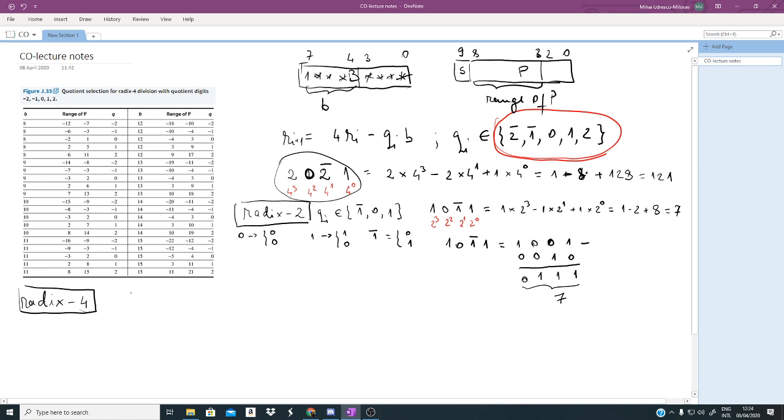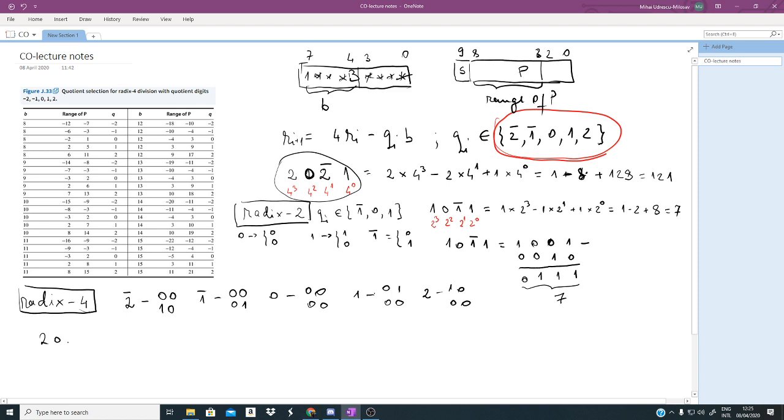We have this encoding. For minus 2, we have 0 0 upstairs, 1 0 downstairs. For minus 1, we have 0 0 upstairs, 0 1 downstairs. For 0, we have 0 0 upstairs and 0 0 downstairs. For 1, we have 0 1 upstairs, 0 0 downstairs. And for 2, we have 1 0 upstairs, 0 0 downstairs.